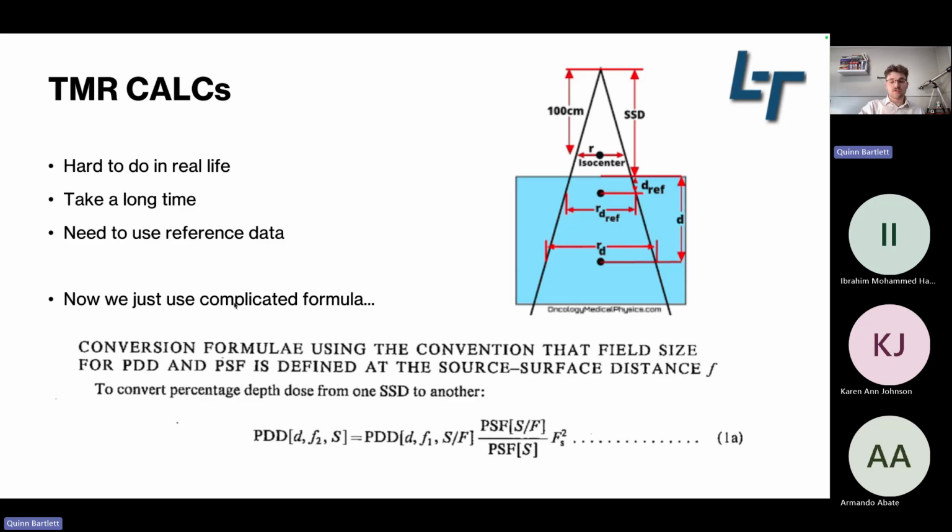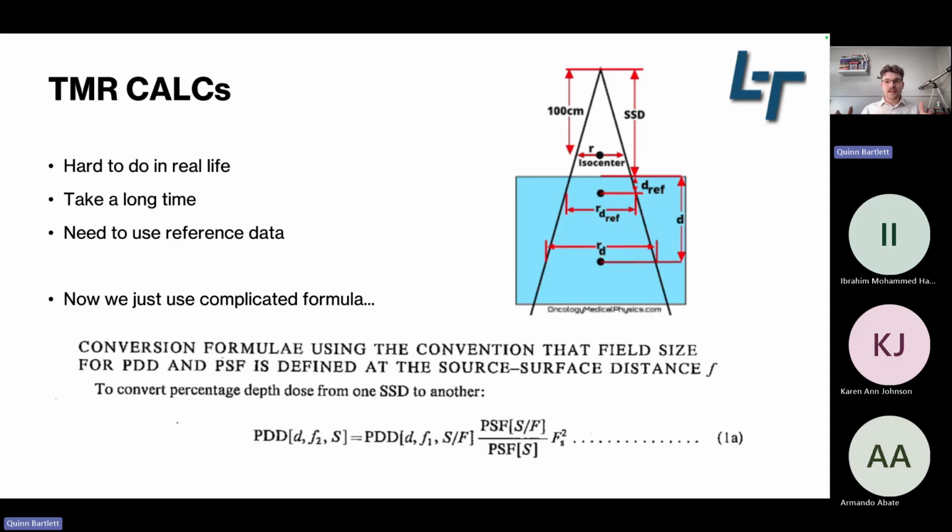Now we've just moved to this complicated formula of converting our PDDs from one SSD to another, which is amazing. We have this great formula. You put in your PDD and you get the results you're looking for. But at the end of the day, without learning the TMR, we might be taking away from our physicists' understanding of the linac. What we're missing is the ability to understand the actual dose to depth relation.